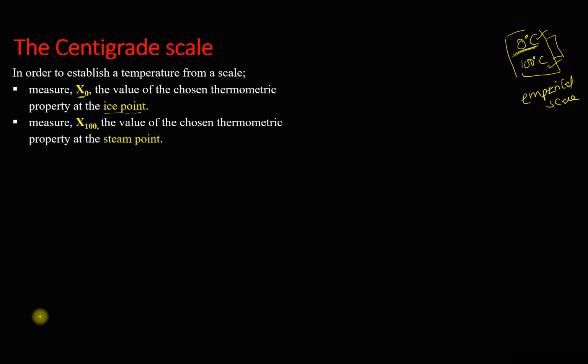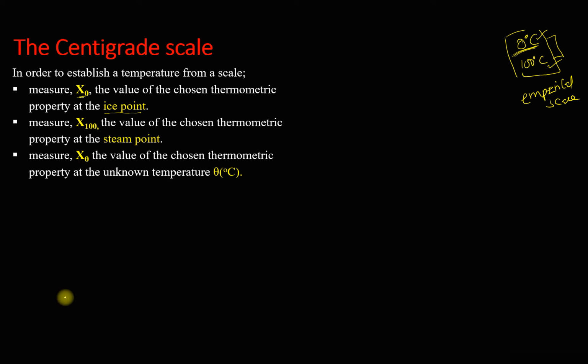Then I would measure the value of the chosen thermometric property at the steam point, and I'm calling it X100 because steam point is 100 degrees Celsius. Then we can now measure the value of the chosen thermometric property at the unknown temperature. So let's say the unknown temperature is theta. So the value of the thermometric property is X theta. So we measure X theta at the unknown temperature theta.